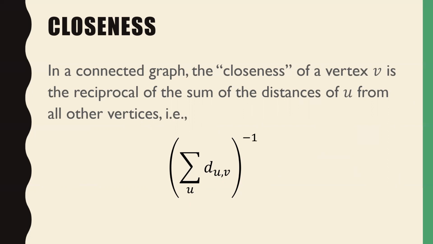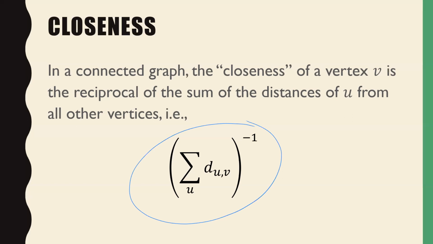Alright? Gagamitin ko to mamaya sa ego analysis ko. So, the closeness of a vertex is basically the reciprocal of the sum of the distances of vertex U from all other vertices.